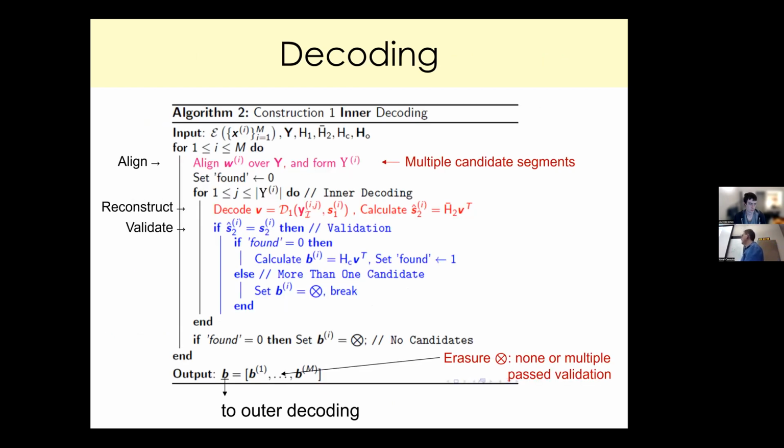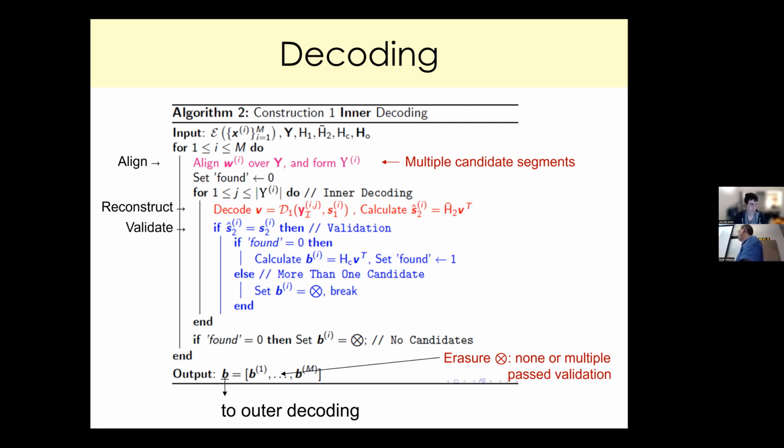Decoding has a similar structure, but here we see the 3 different steps that I mentioned before. First, we need to align each read over Y, and now we get a set of, in general, multiple positions within Y that are candidates for reconstruction. Each candidate will go into an inner decoding for reconstruction, and each of them that passes that step of reconstruction will be validated against the special syndrome we include for validation.